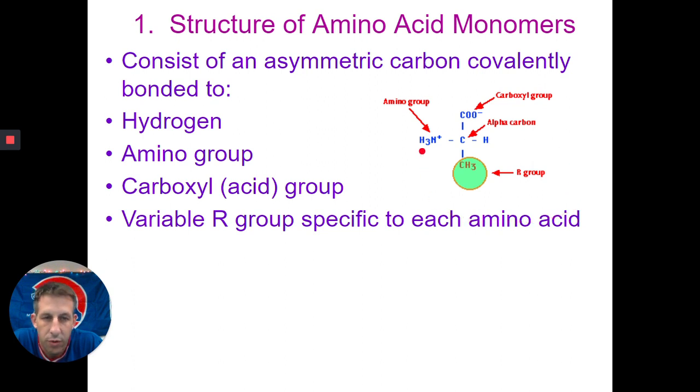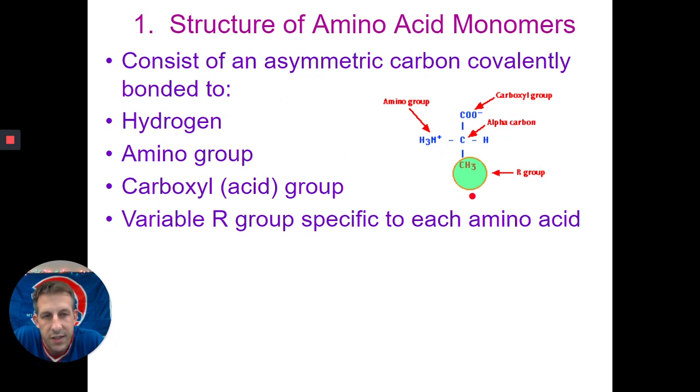Glycine, if we look at the structure of this amino acid, this is glycine, it has that central carbon, it has the carboxyl group, carboxylic acid group, it has the amine group, it has the hydrogen, but down here is its variable R group. That's the thing that could feasibly change. Okay? So let's compare it to alanine on the right side there.